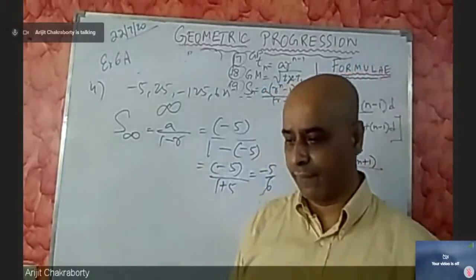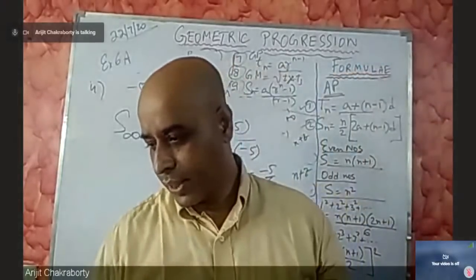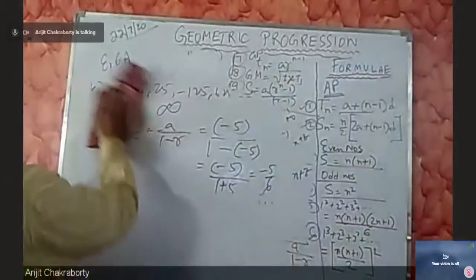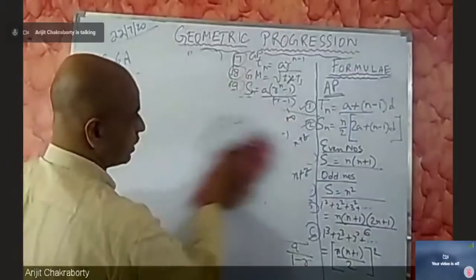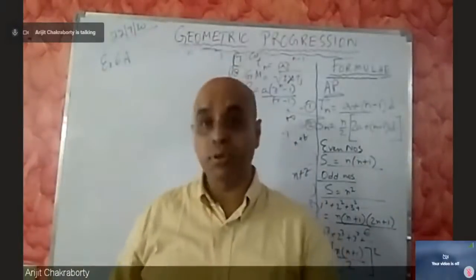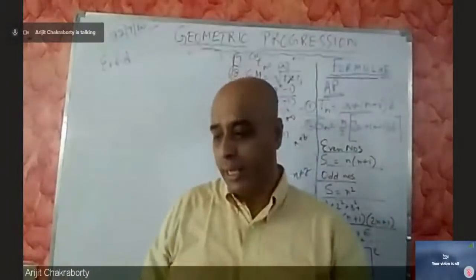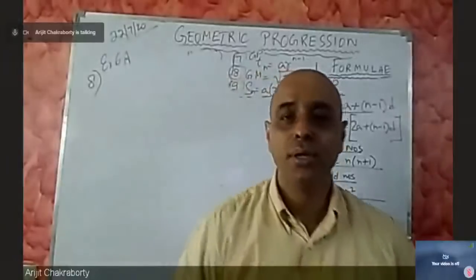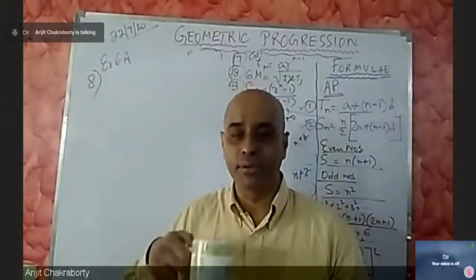Okay, sum to infinity. I'll take the next one. This has come from a good number of students. I must do it in front of you so that you can nail it. Okay. This has come from record number of students. Exercise 6A, number 8. So many of you wrote to me requesting me to take this problem.